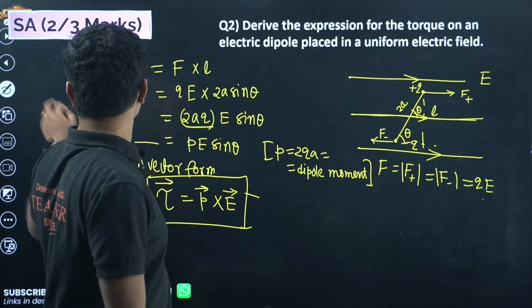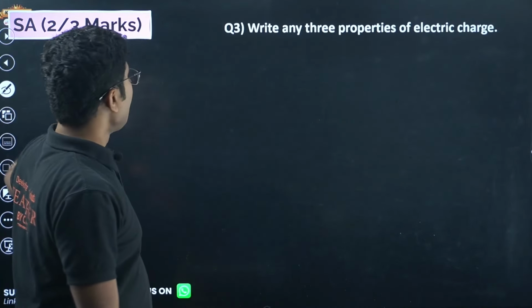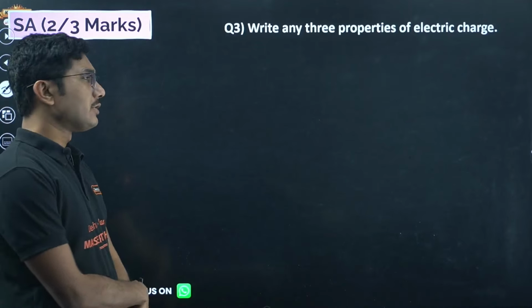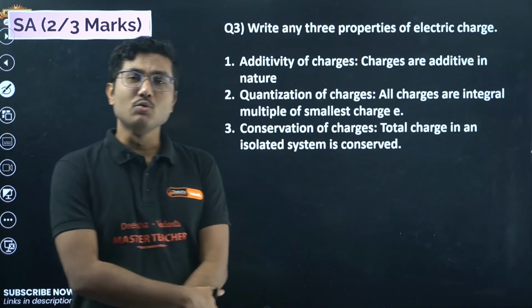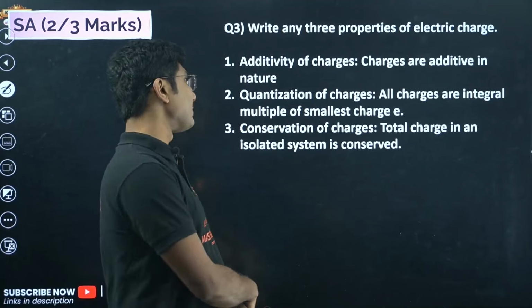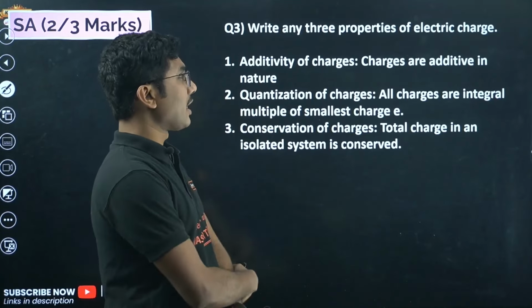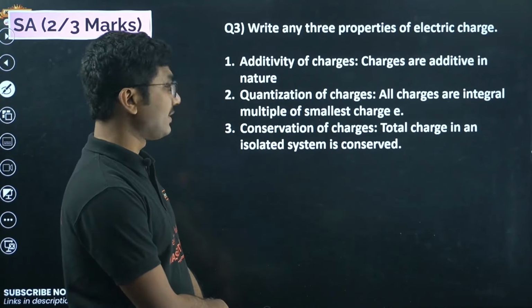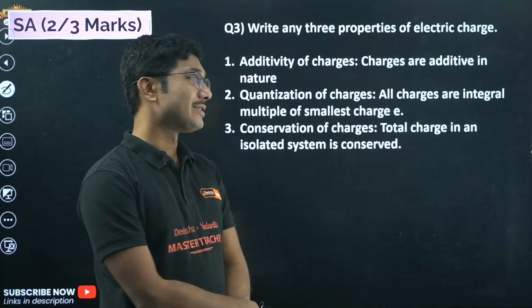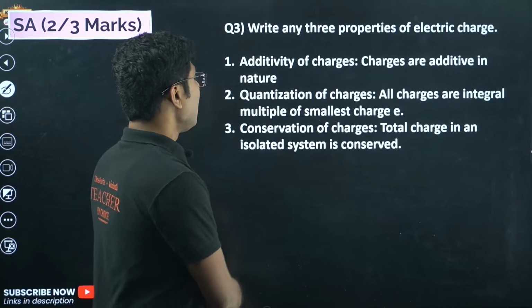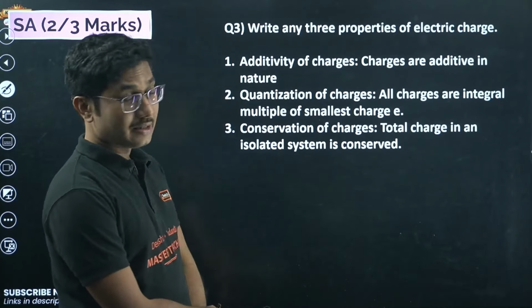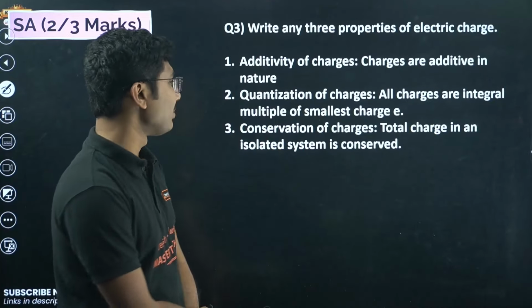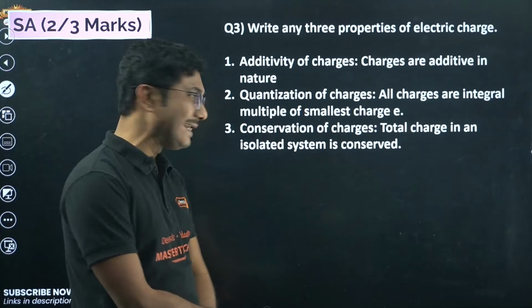Now next question: write any three properties of electric charges. As I mentioned, this question can be asked as a 2-mark or a 3-mark question. Additivity of charges: charges are additive in nature, that means you can simply add the charges algebraically. Quantization of charges: all charges are integral multiples of the smallest charge, small e.